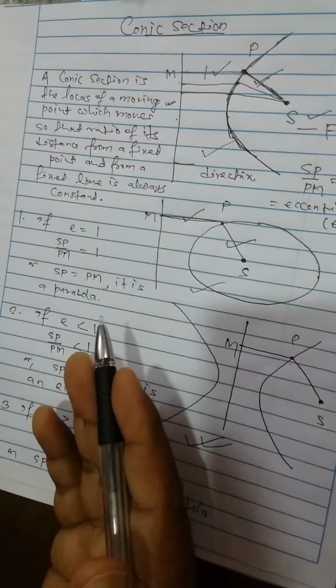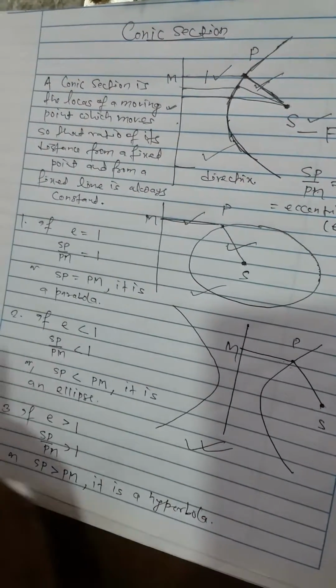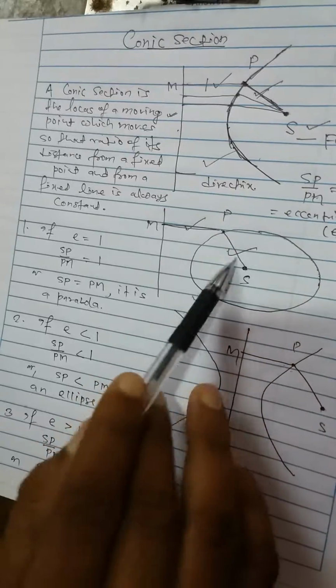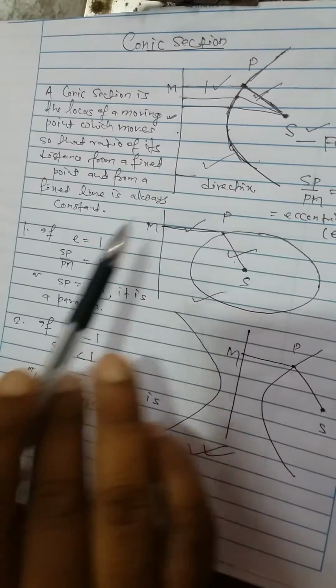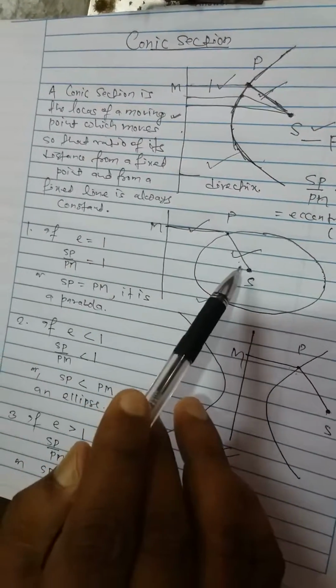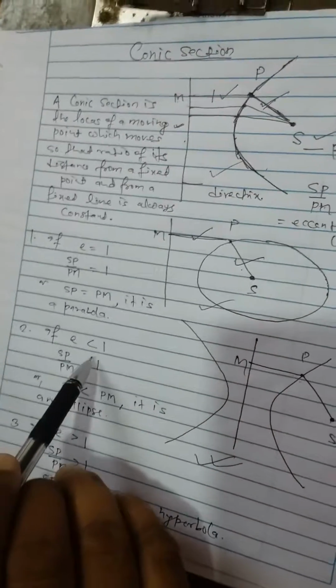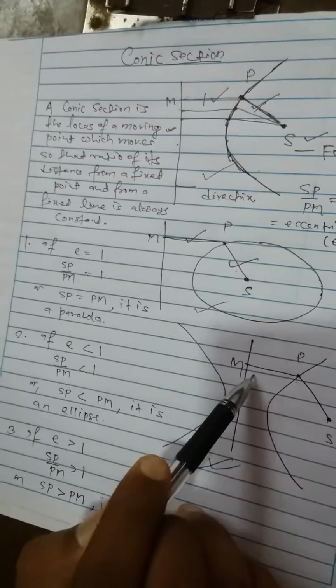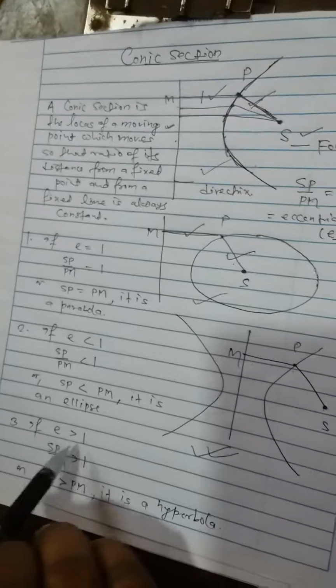So there are 3 types of conic section we have discussed here: parabola, ellipse and hyperbola. In the case of a parabola, eccentricity is equal to 1. In the case of an ellipse, eccentricity is smaller than 1, and in the case of a hyperbola, eccentricity is greater than 1.